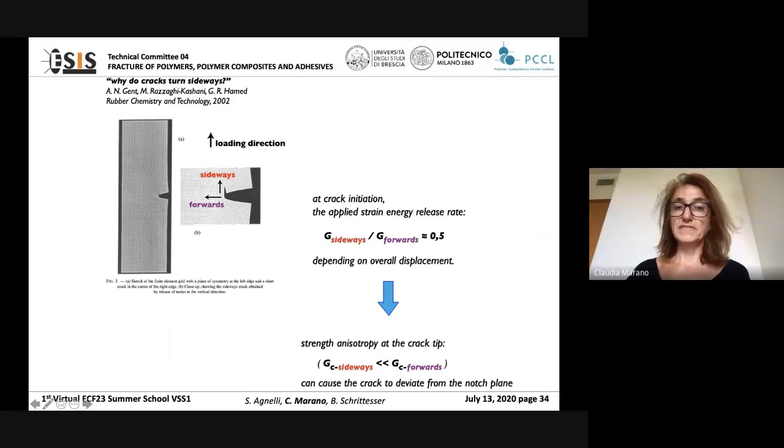So if a sideways crack forms, it means that there is some strength anisotropy at the tip of the crack. That is, the material resistance for the propagation of the crack in the sideways direction has to be significantly lower than the material resistance for the propagation of the crack in the forward direction.